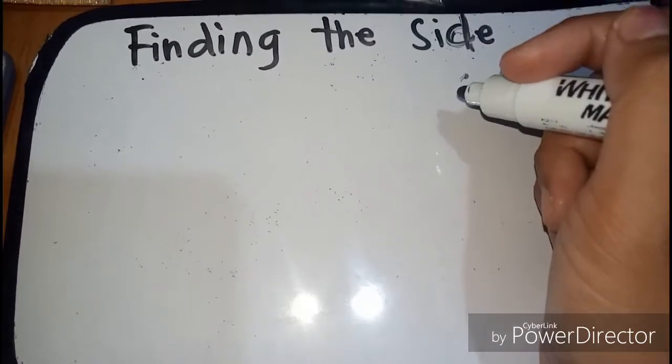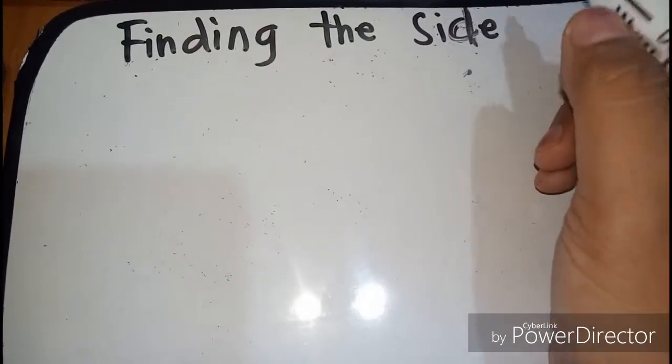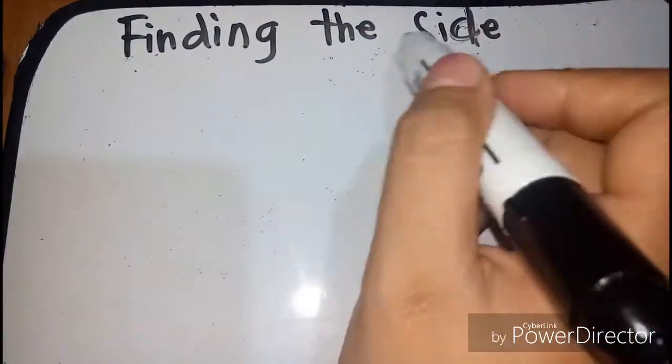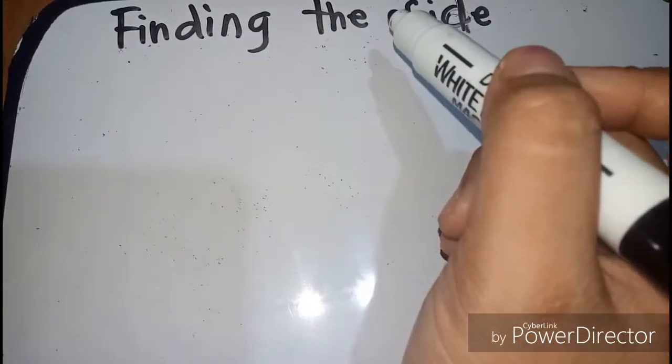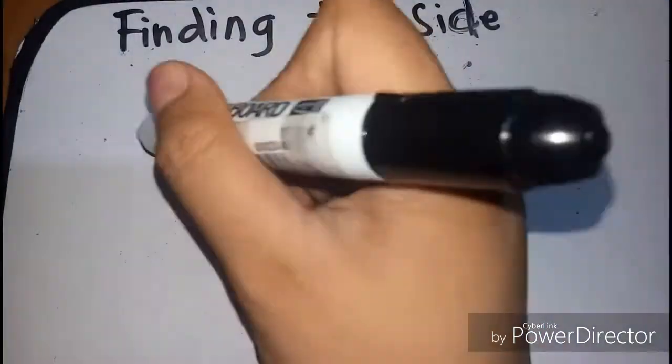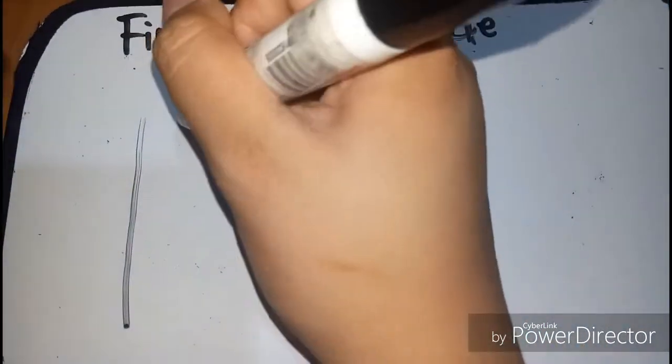So now this is my example. We're going to find the side of the triangle. So I'm going to draw.